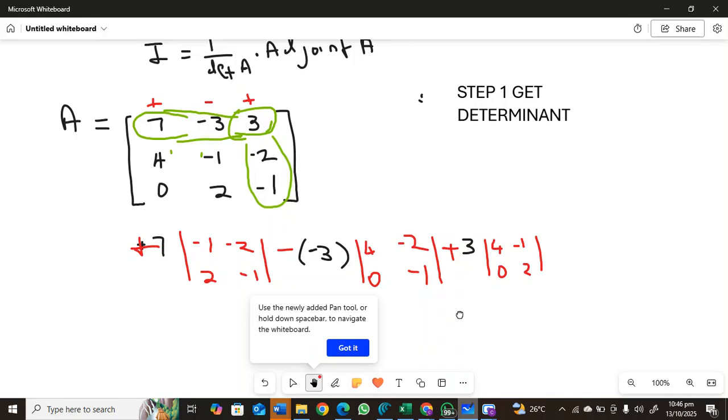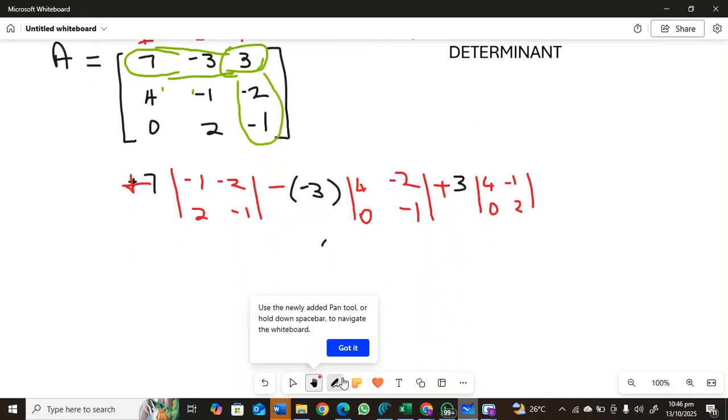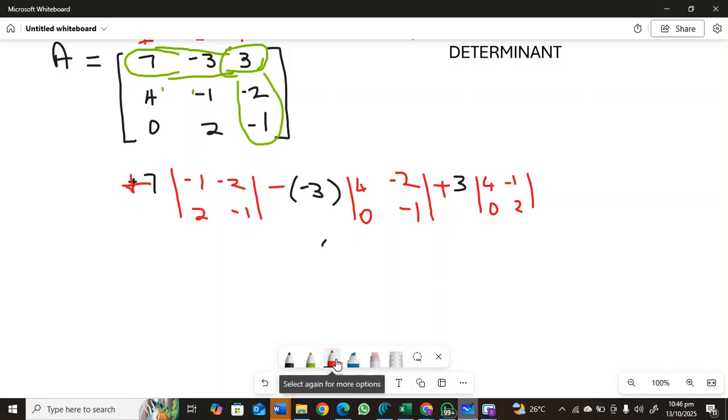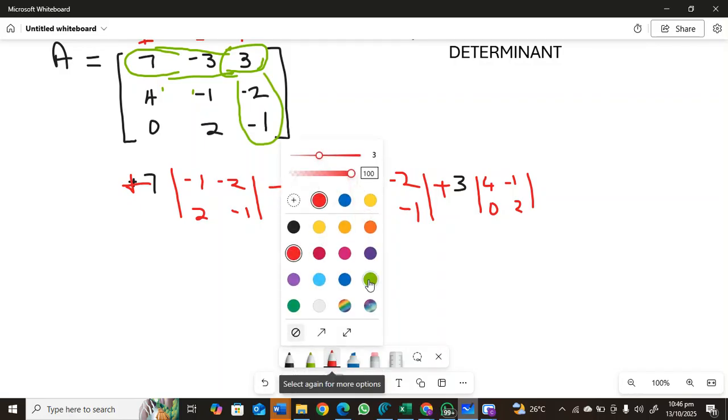Okay. So now we start doing our tabulation. So basically here we're getting our mini determinants. These are like the mini determinants. So this is how you get them.